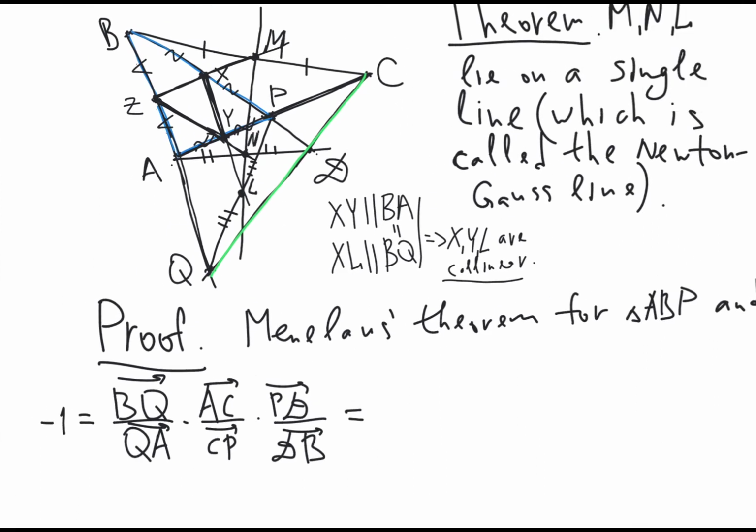so now we see this ratio BQ over QA. We simply write, for similar triangles, like again with the homothety with center P that scales everything twice smaller, right? So BQ is mapped to XL, so XL over LY.